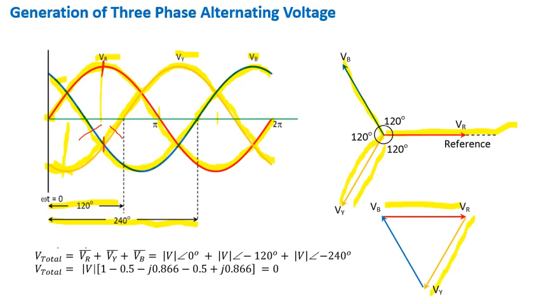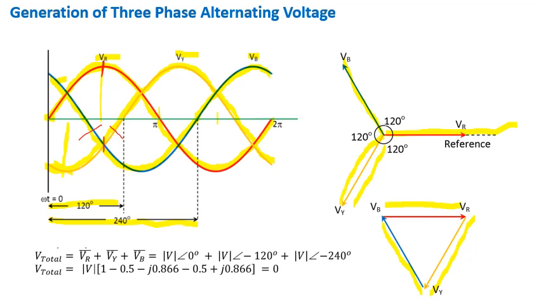B phase voltage is added at the tip of Vy, and the B phase voltage touches the beginning of the R phase voltage phasor, which indicates that the addition of all these three instantaneous voltages is equal to 0.